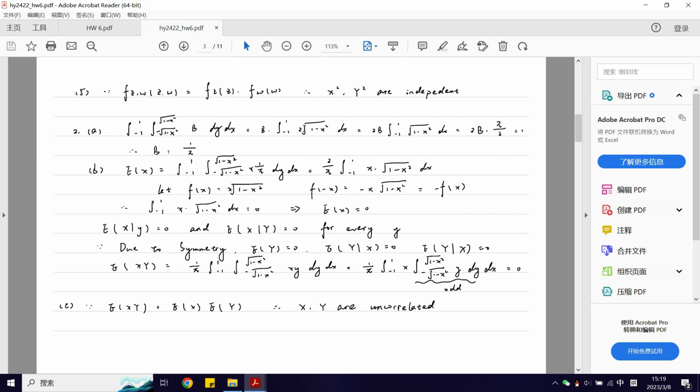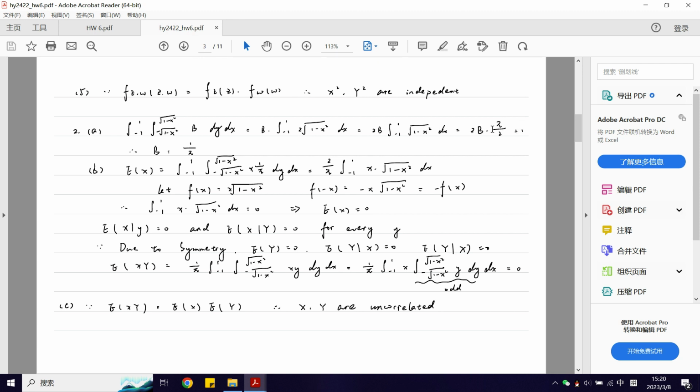And since b is unrelated to y and x, we can just take it out and do the double integration. Firstly we calculate the integration of y, and the result of this should be 2 times square root of 1 minus x squared.